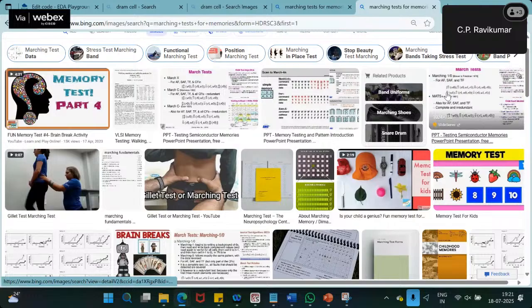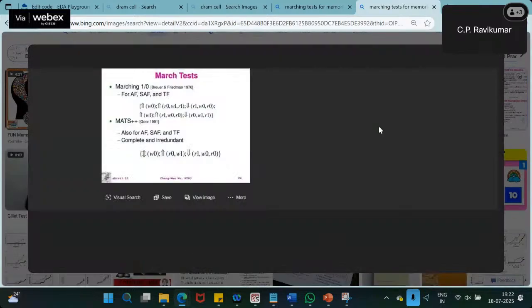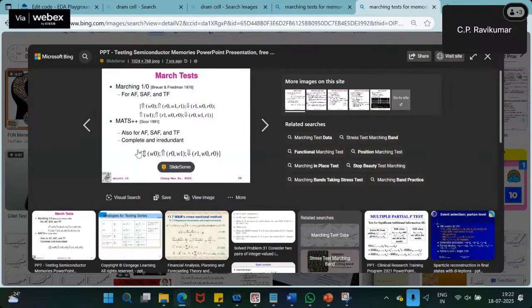Here is one. The first one, I think in the early days, Professor Brewer and Friedman proposed something like this, right? Then Van de Goor proposed this in '91.